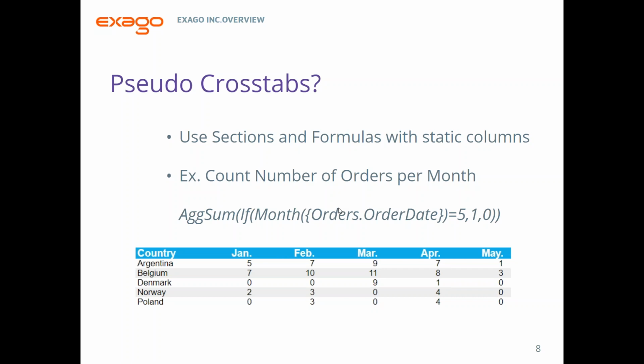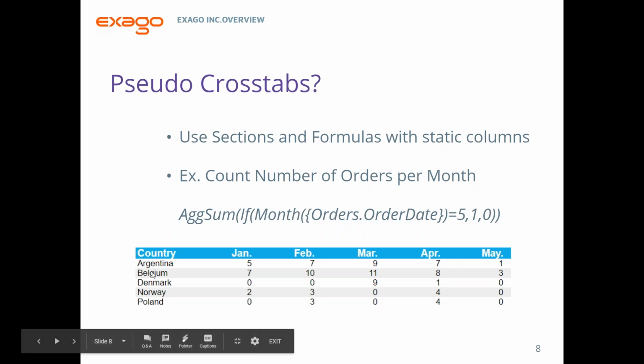In this example we don't, but maybe we want to build in something more complex or do calculations that aren't as simple as sums or counts. So in this case, in a group footer by country, we can build 12 columns, and we can have those columns use a formula like this.